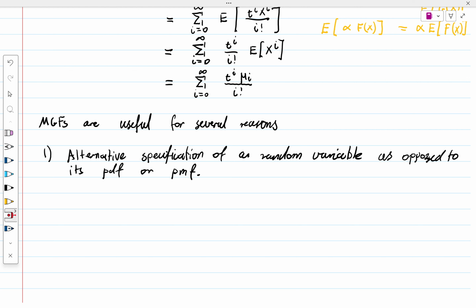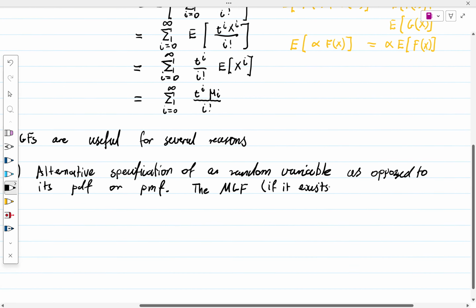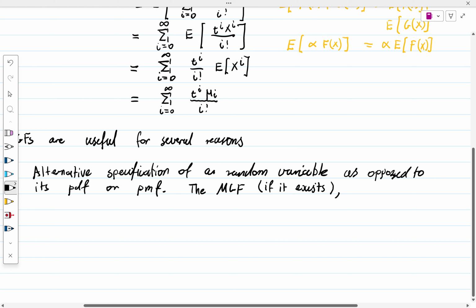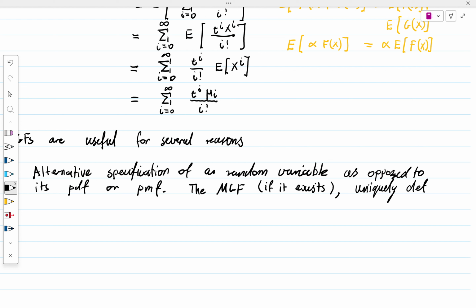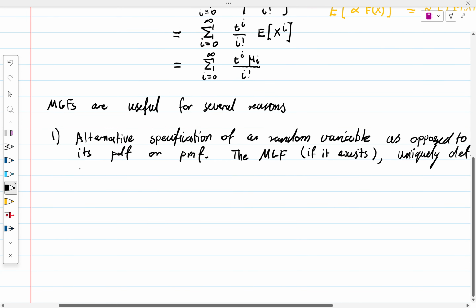What we actually say is that the MGF, if it exists, and sometimes for some distributions it might not, uniquely determines the distribution.